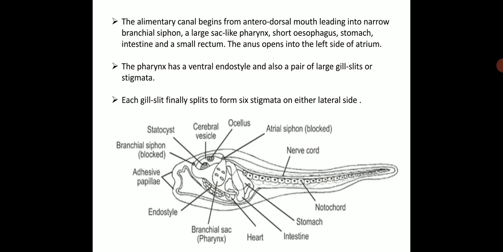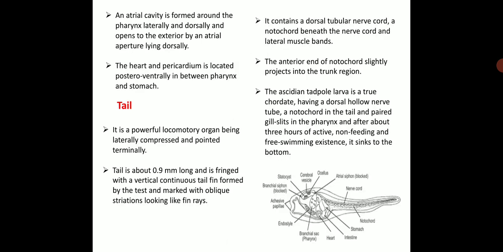The pharynx has a ventral endostyle, a grooved structure which produces mucus and helps in gathering food. It also has a pair of large gill slits or stigmata. Each gill slit finally splits to form 6 stigmata on either lateral side. So this is the picture of the ascidian tadpole.